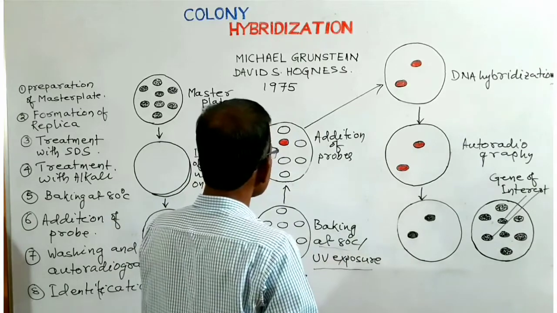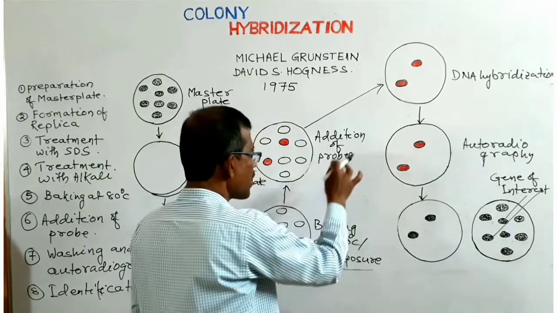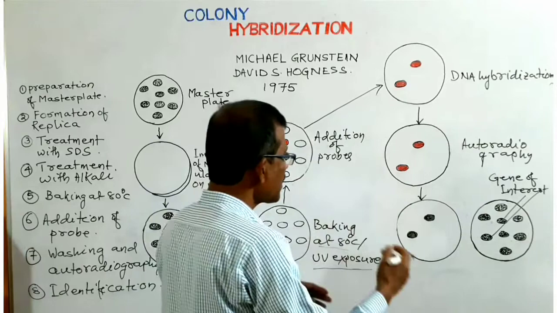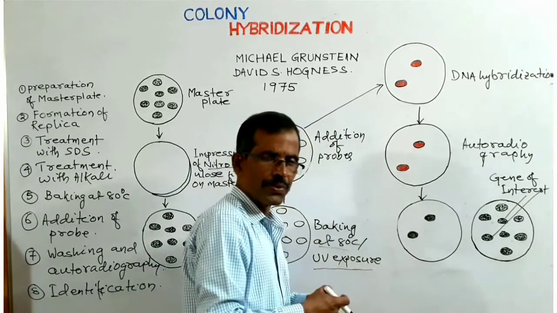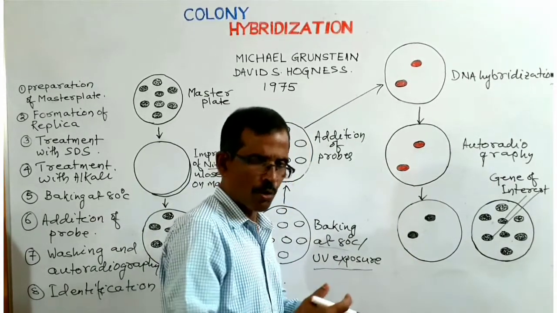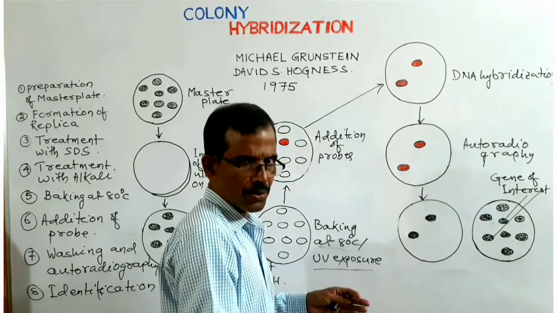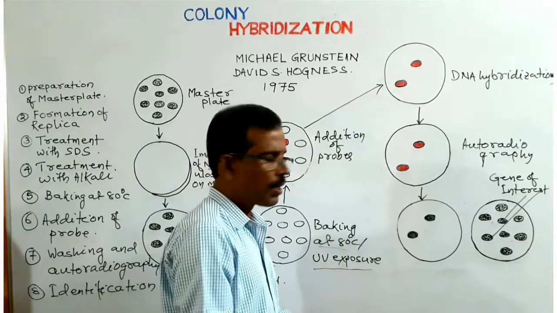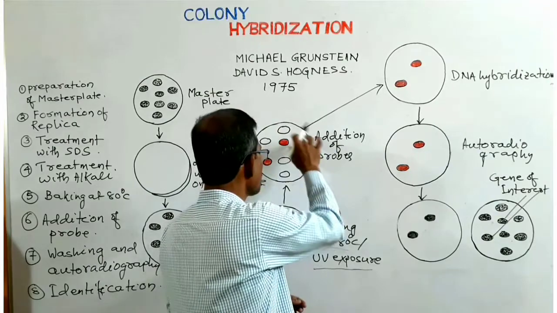After hybridization with a suitable radioactive probe, the next step is washing. By washing, we can remove the unbound or excess probe from the nitrocellulose filter.